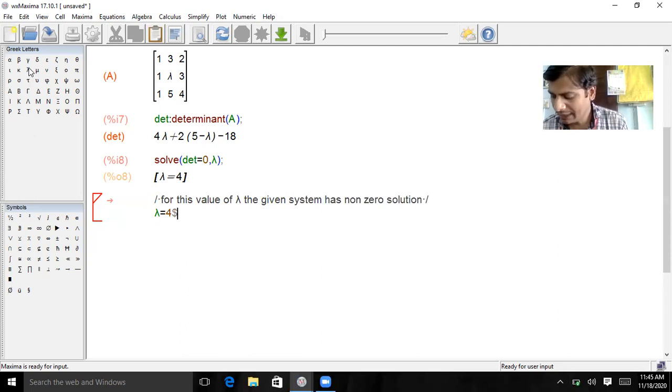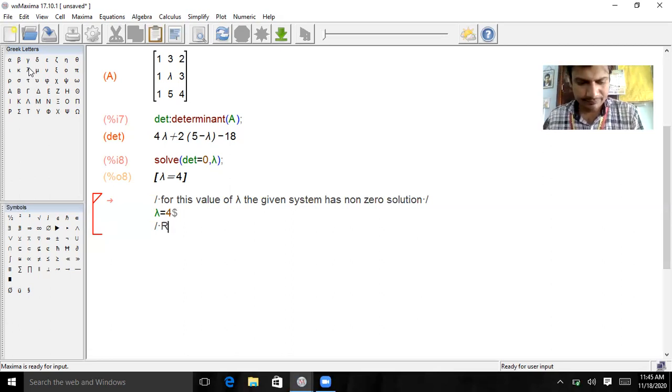Next, rewriting the equation in which lambda is present. Rewriting the equation means, that is slash, next line, that is, sorry, we go to next line, that is a slash, then star.